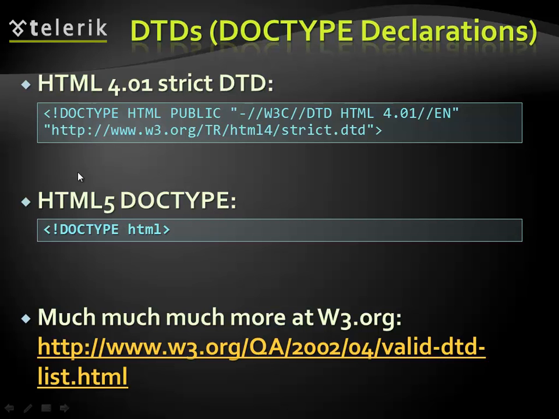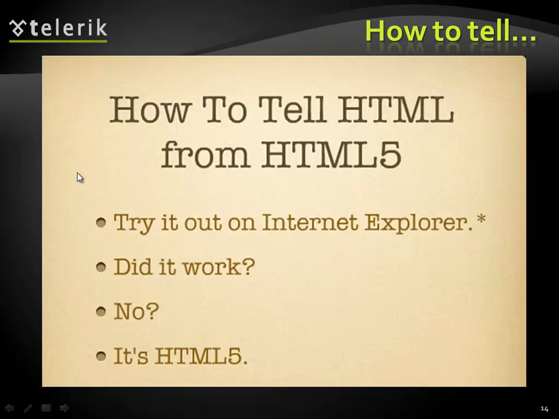So that's already easier. How to tell HTML from HTML5? This method usually works, and it works with other features of the web as well. If things don't work on Internet Explorer, probably they're okay. And yeah, well, there are many jokes about Internet Explorer, and they're all true.